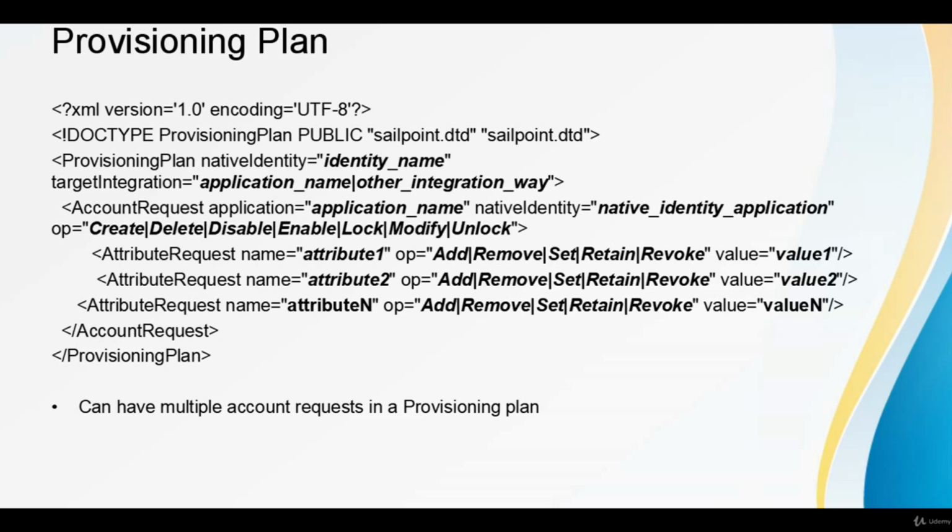But before that, we have to pass the application, which tells that the identity has access to this application, and which account of that application has to be modified, created, disabled, enabled, locked, or unlocked.